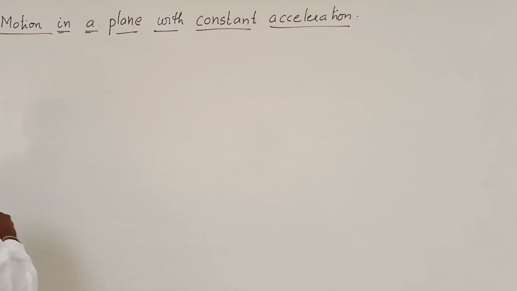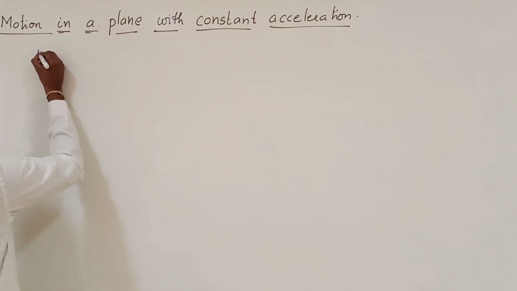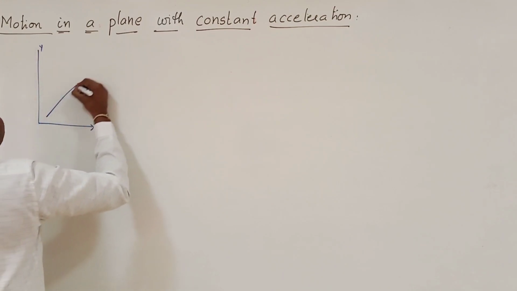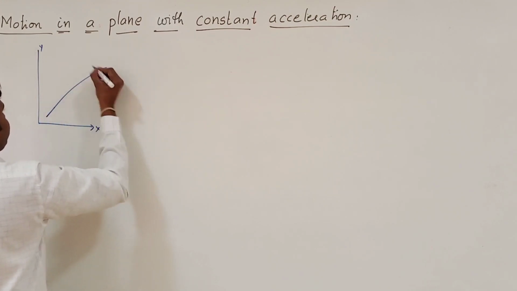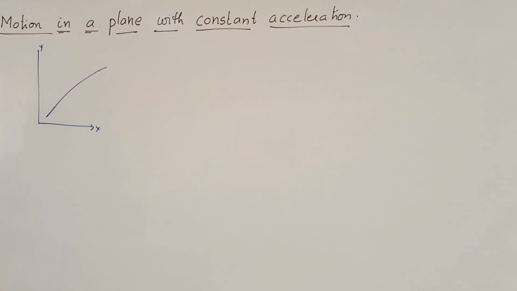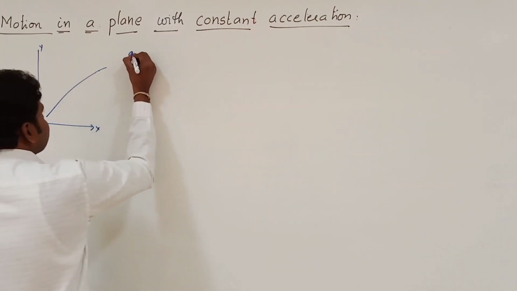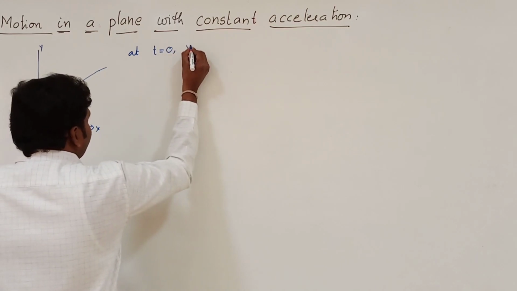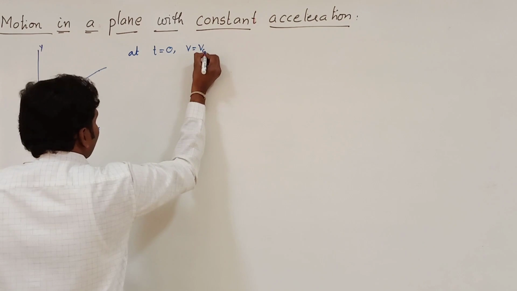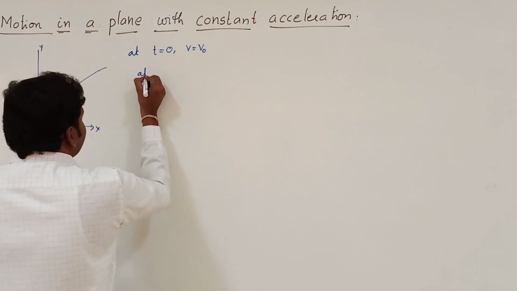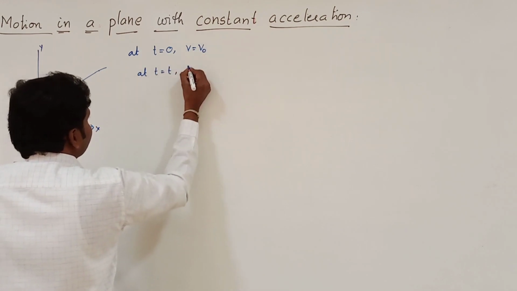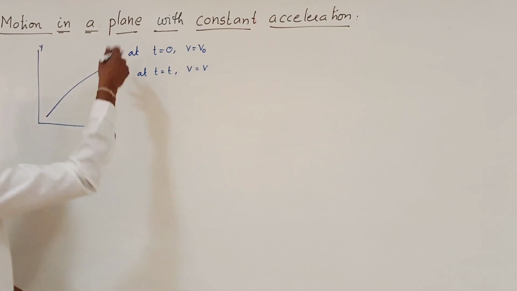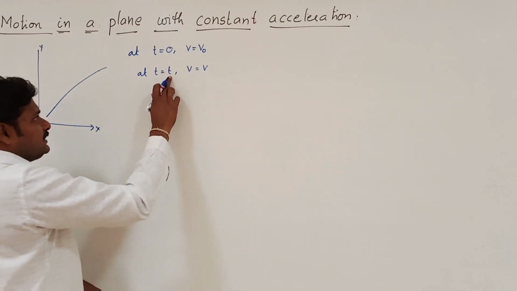Suppose a body is moving in a two-dimensional plane, with x and y axes, from one point to another point. At time t equal to 0, the initial velocity is v naught. After a certain interval of time, the time is t and the velocity is v. Don't be confused.